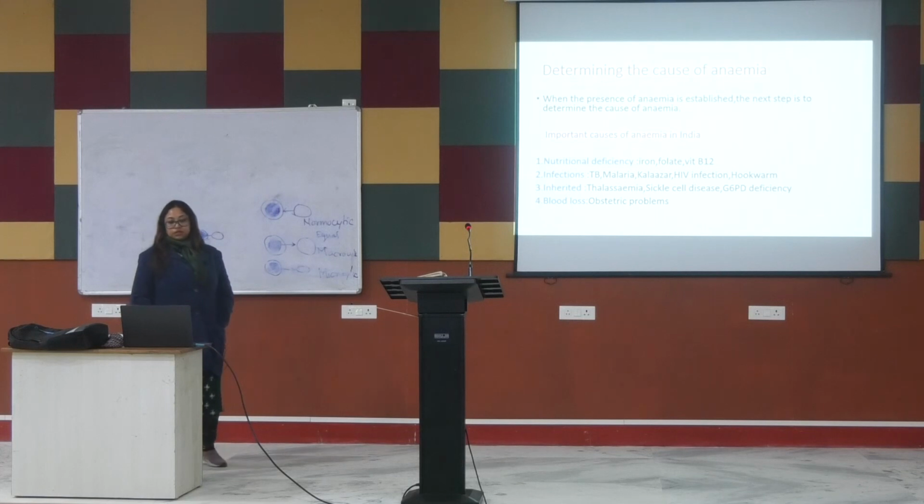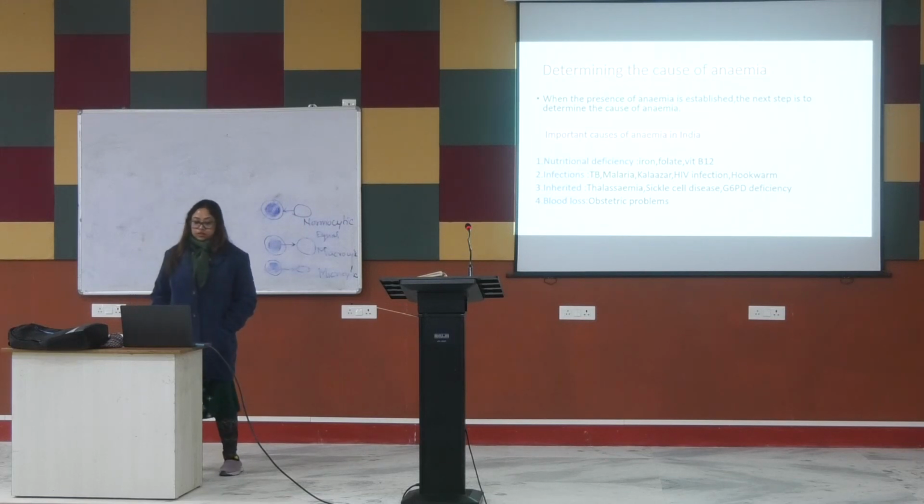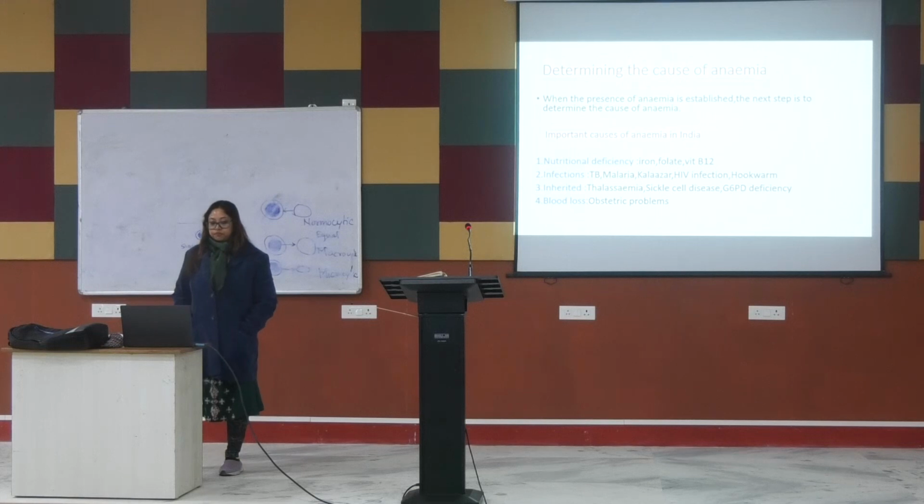Number 1, that is nutritional deficiency. What are the nutrients? That is iron, folate and vitamin B12. Deficiency of these nutrients may cause nutritional deficiency anemia. Iron causes iron deficiency anemia, folate and B12 cause megaloblastic anemia.